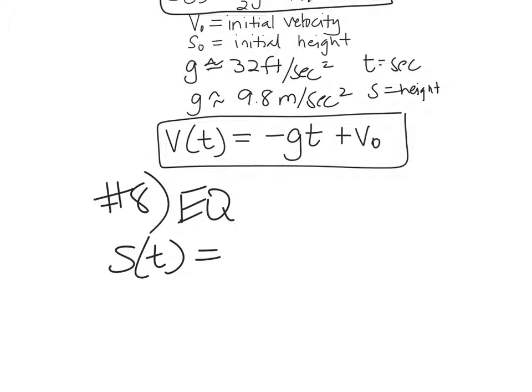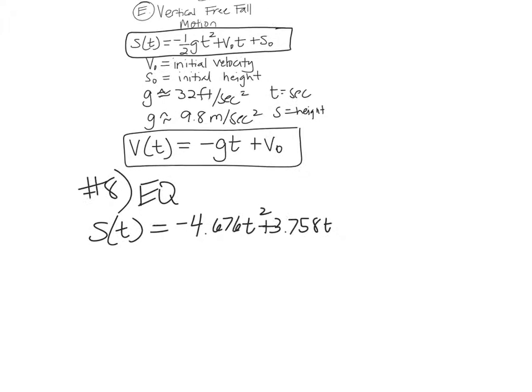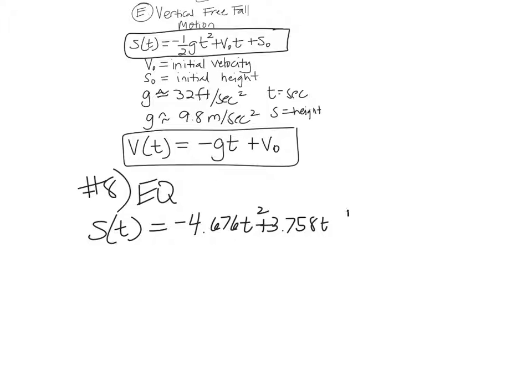S of t equals -4.676 t squared plus 3.758 t plus 1.045.